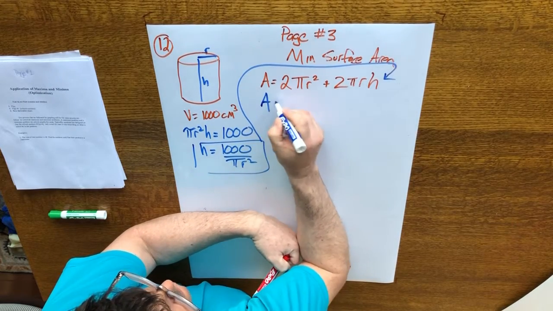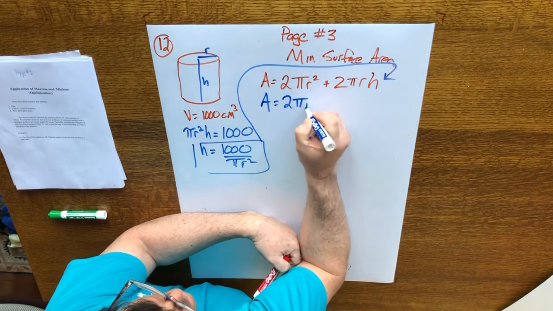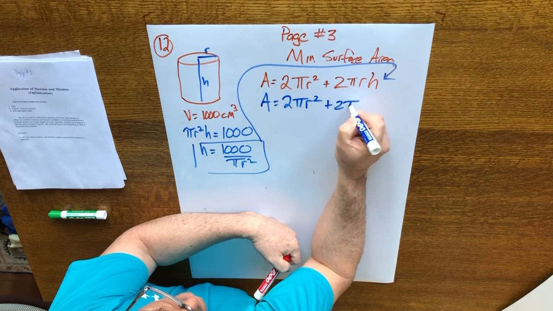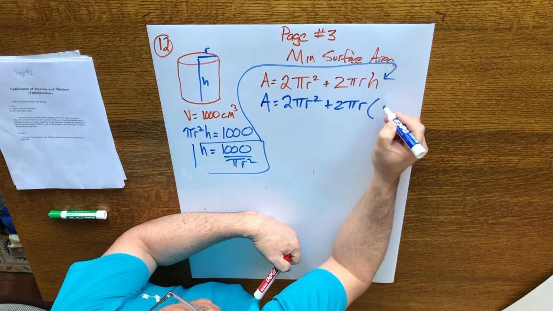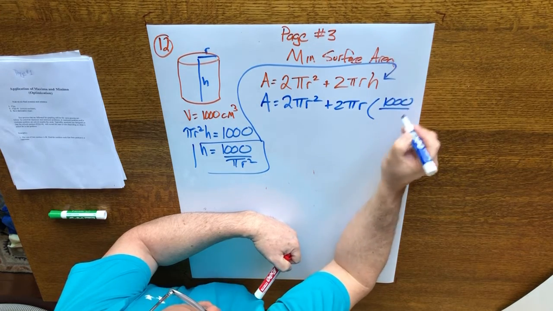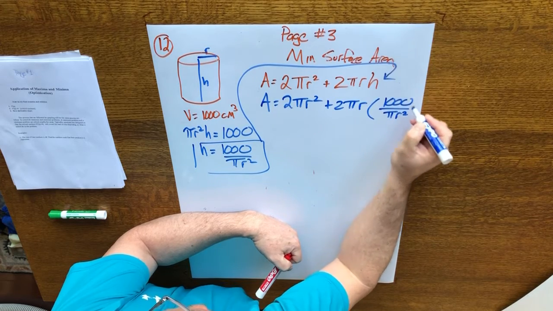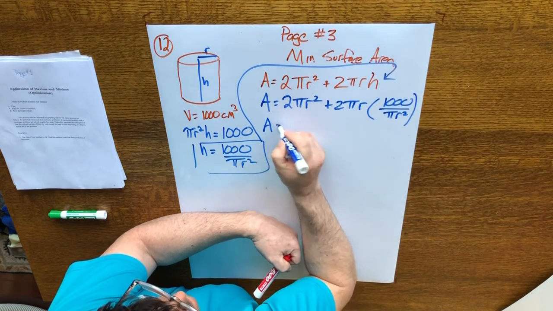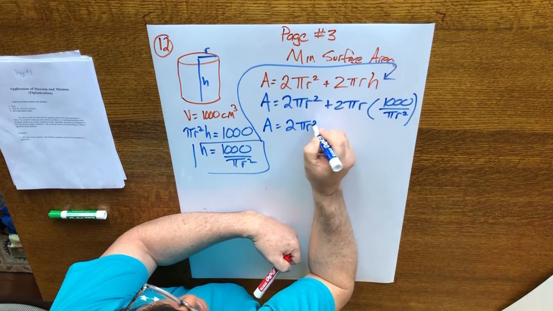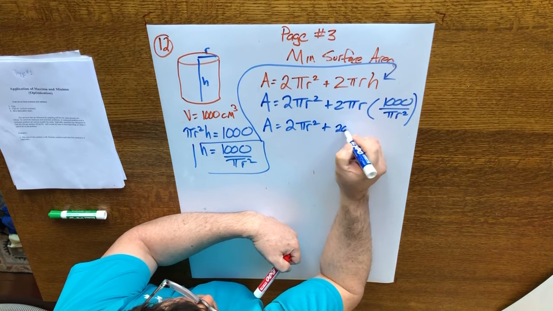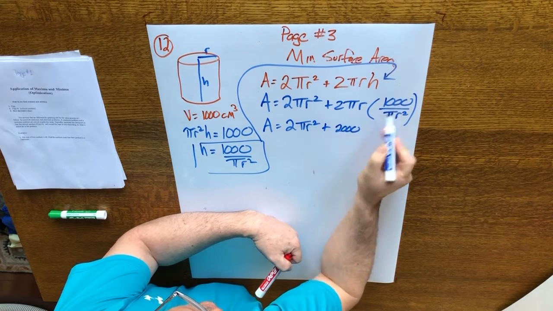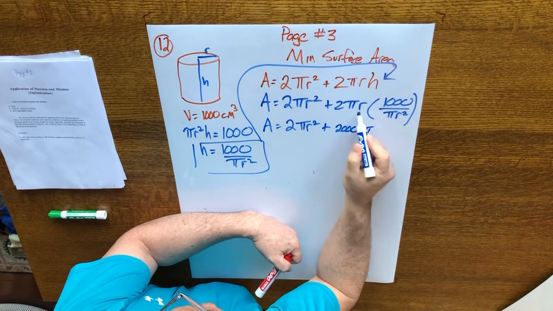So area equals 2 pi r squared plus 2 pi r times 1,000 over pi r squared. 2 pi r squared plus 2,000, 2 times 1,000, 2,000 pi.